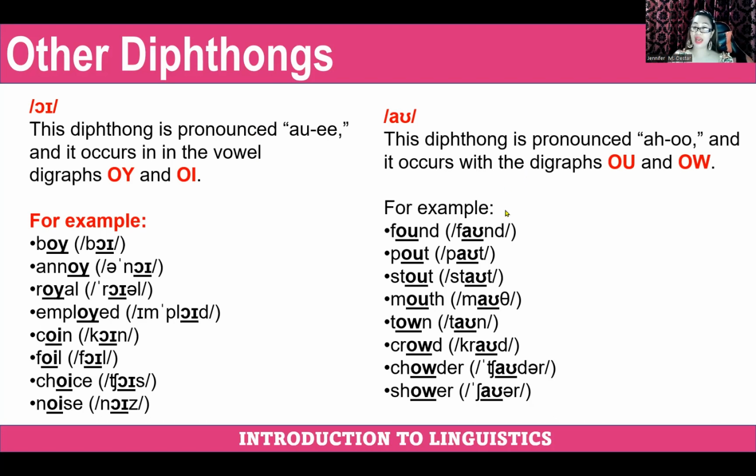Then let's have the ow. This diphthong is pronounced as the ow, and it occurs with the digraphs ou and ow. It's actually not the ow, but in between the O and the A, as in found, O, A. It's a combination of the O and A. Sound, pout, not the OA, but the OW, right?